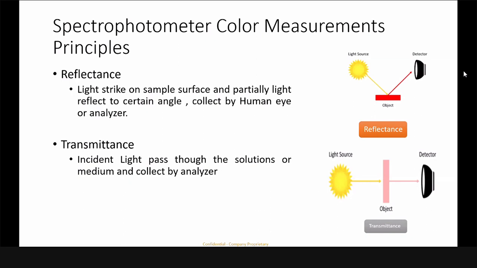I think we are all familiar with how reflectance measurement takes place. We have one light source that emits energy. It falls on an object, and some of the energy gets absorbed by the object and some gets reflected. That reflected energy is collected by the detector or analyzer.